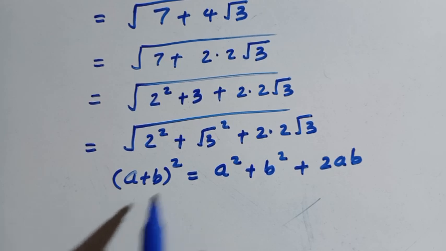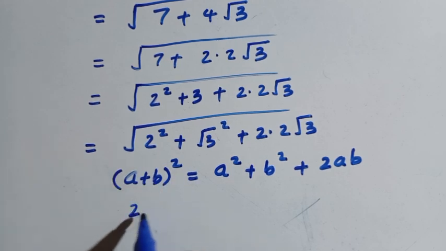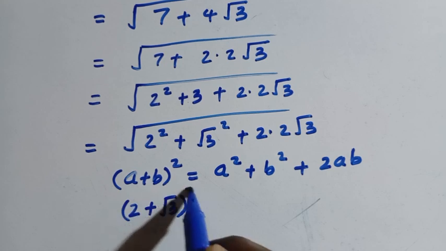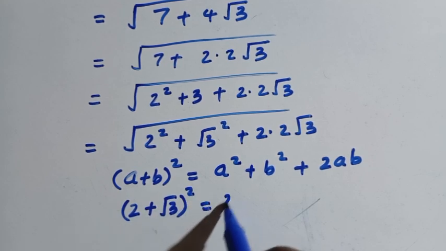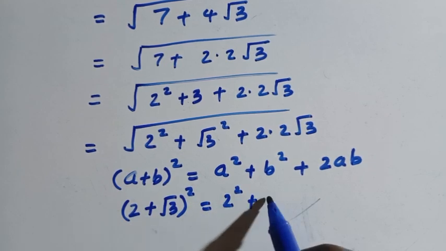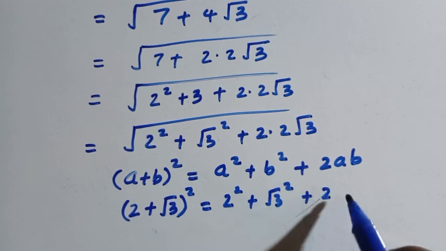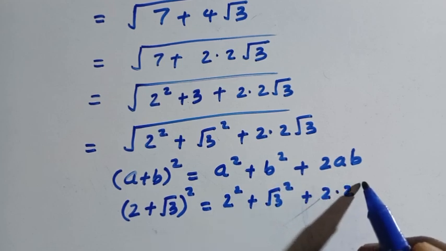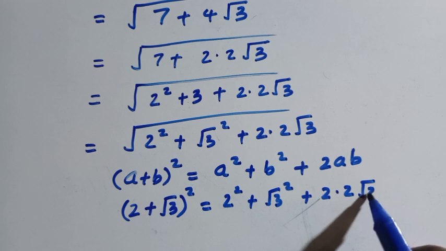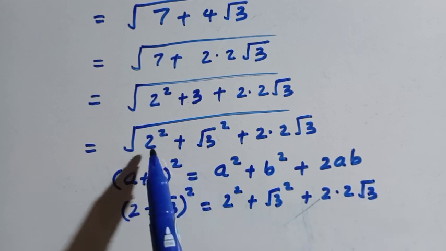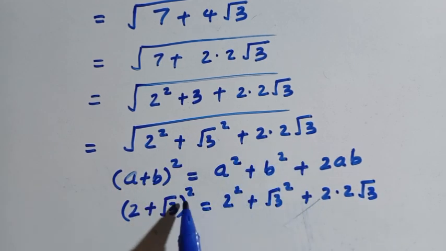And let's say our a equals 2 and b is the square root of 3. So when we try to expand this, what we get is 2 squared plus root 3 squared plus 2 multiplied by 2 multiplied by root 3. And we see that what is inside this root is just like the expansion of this one.